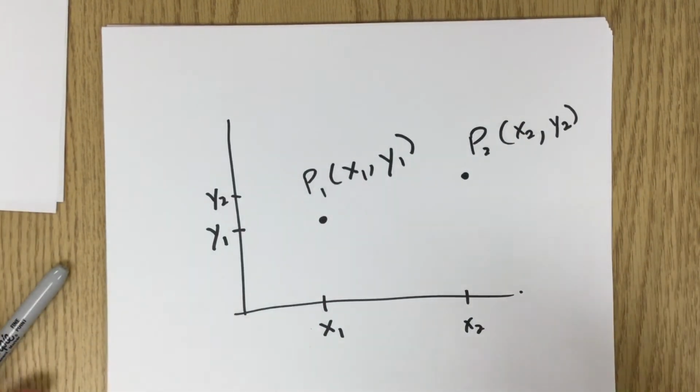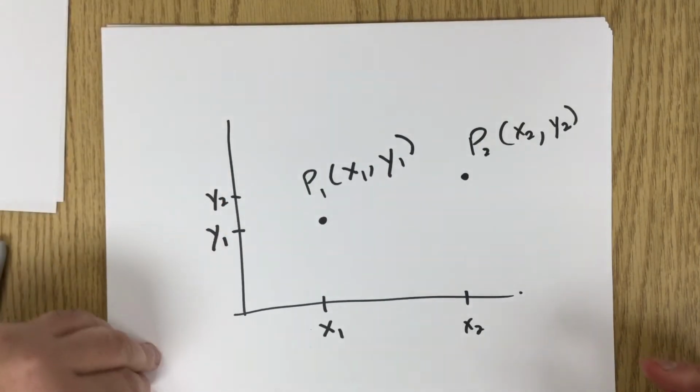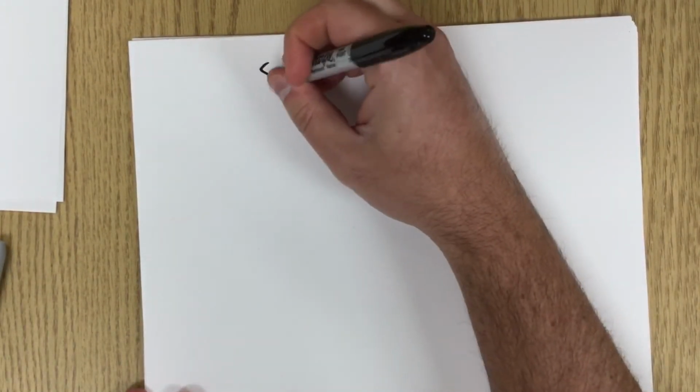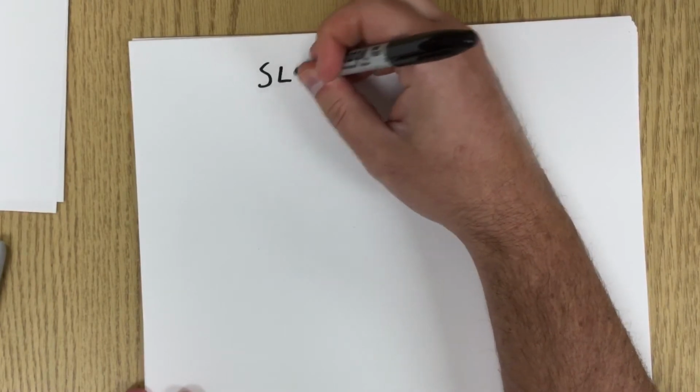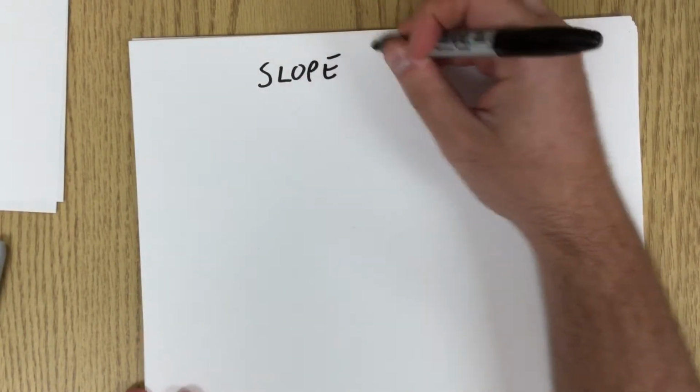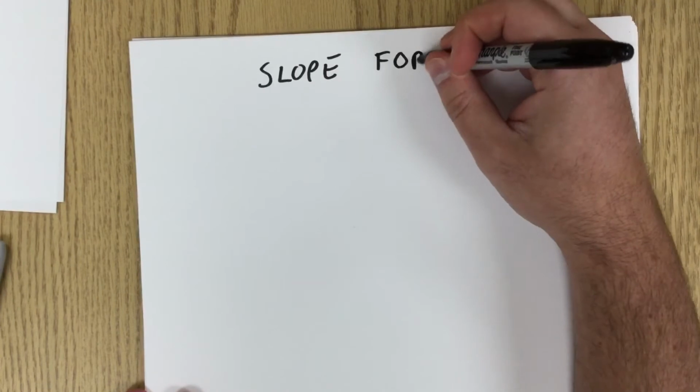And we can have a third point with x3 and y3, and so on and so forth. So keeping that in mind, we want to make a formula for the slope. So we want a slope formula.